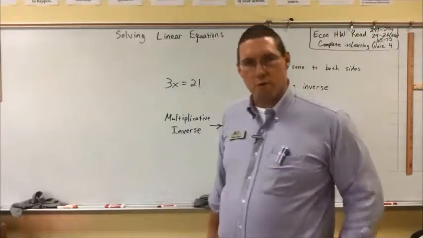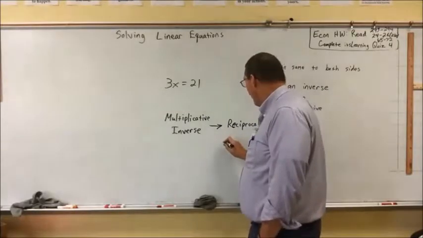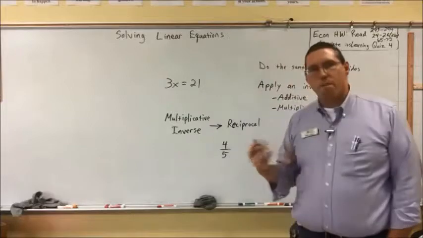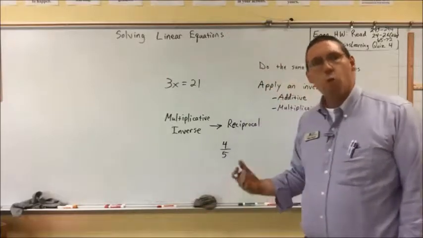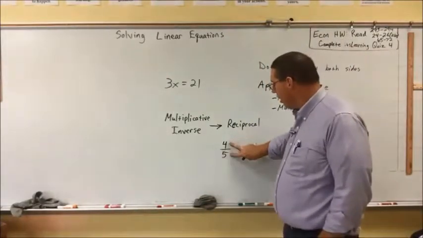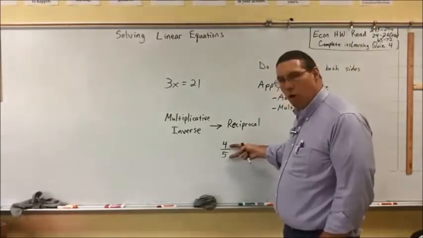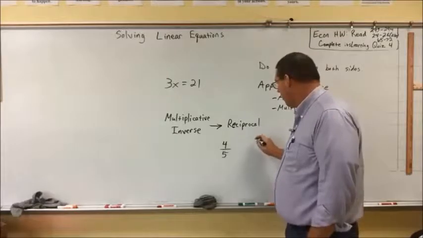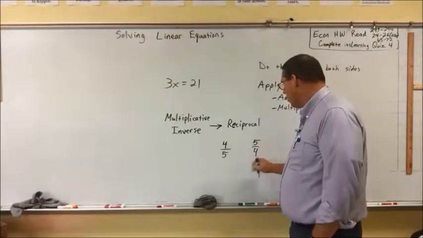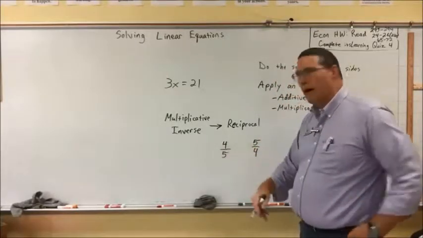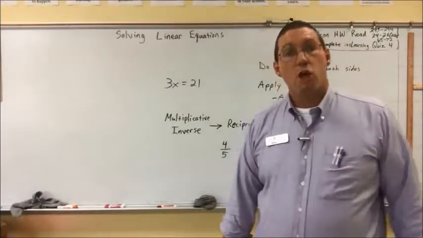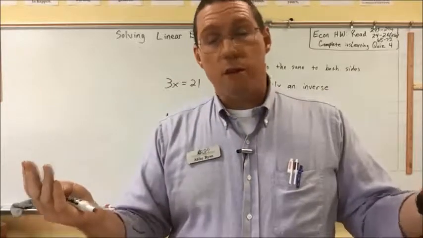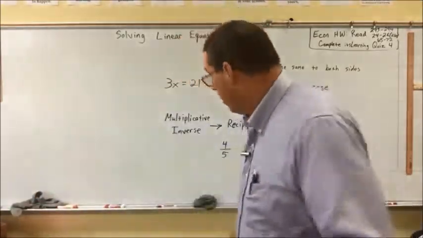Let me show you how a reciprocal works. Let's say that you have the number 4/5. What is the reciprocal of 4/5? Reciprocal basically means to take a fraction and flip it over, okay? So the reciprocal of 4/5 is 5/4. You put the 5 on the top, you put the 4 on the bottom, that's your reciprocal. So when you multiply reciprocals times each other, the answer is always 1.